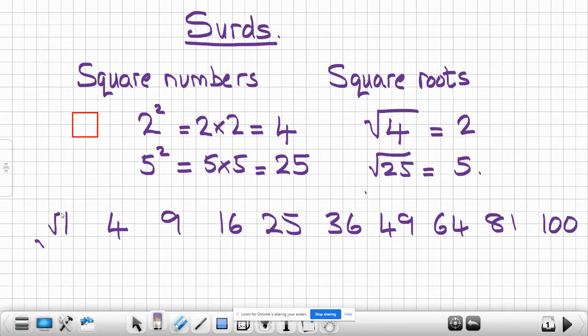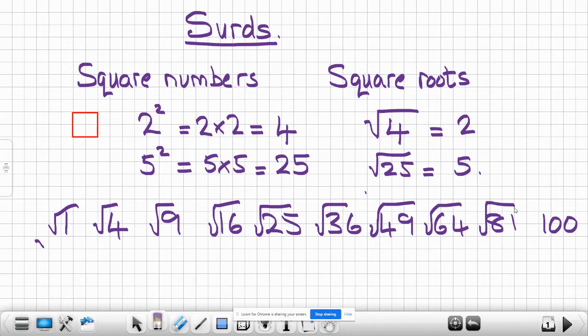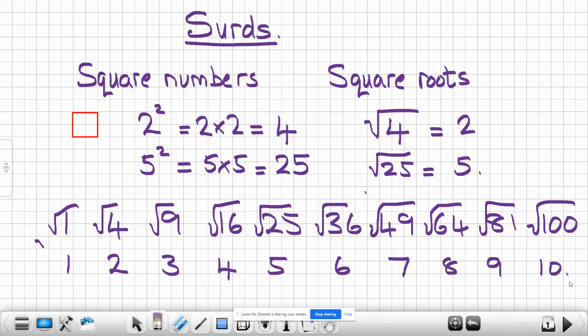And if I put a root round each one of those, then that should take us back to the number that was multiplied by itself to produce them. So that's 1, 2, 3, 4, 5, 6, 7, 8, 9, 10. And there we have it. So they're the first 10.